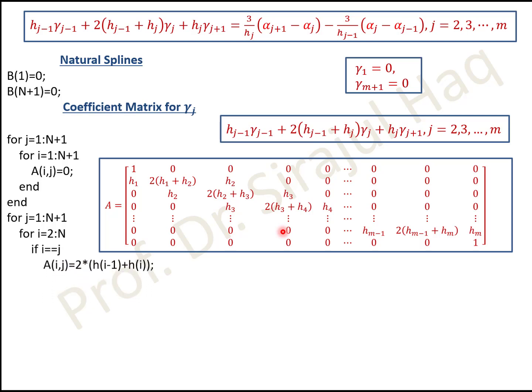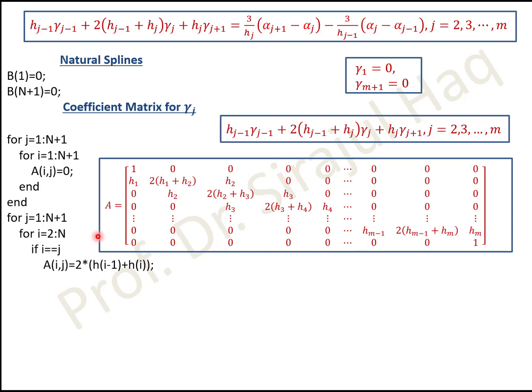So the value of Aij is given by this expression. If you look at this expression, A22 is equal to 2 into h1 plus h2. Similarly, A33 is equal to 2 into h2 plus h3, which is given by this one. A44 will be equal to 2h3 plus h4, which is this one. And finally, Amm will be equal to 2h(m minus 1) plus hm, which you can see is the entry.